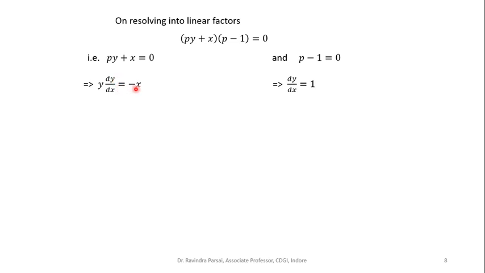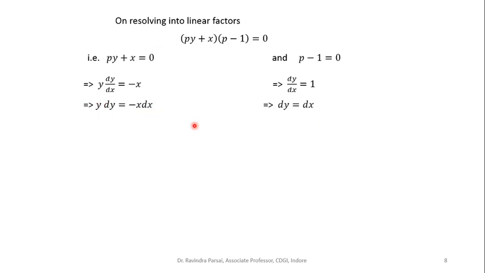y dy/dx equal to minus x, and here dy/dx equal to 1. So separating the variables, you can write y dy equal to minus x dx, and here also, because it is first order and first degree, the first simplest method is variable separable. So dy equal to dx.